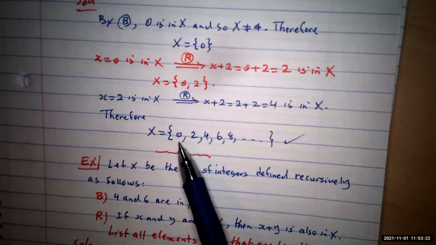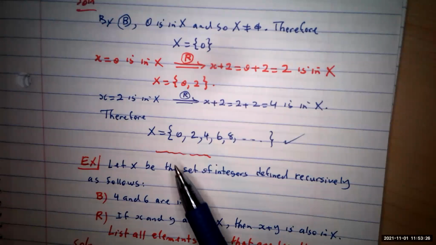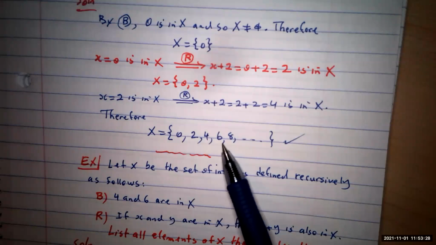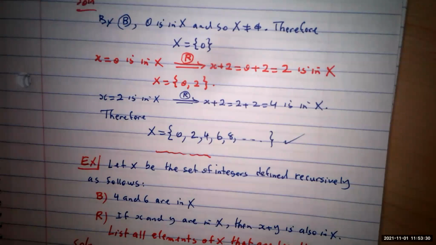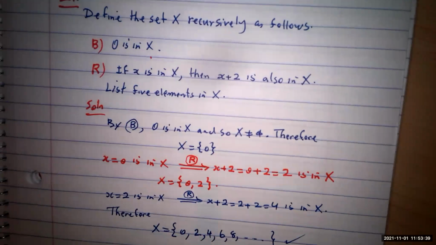So P in this case is the property that you want to prove. You want to prove that every element in this set is an even number. So the basic step of this induction would be that the basic element would have this property.